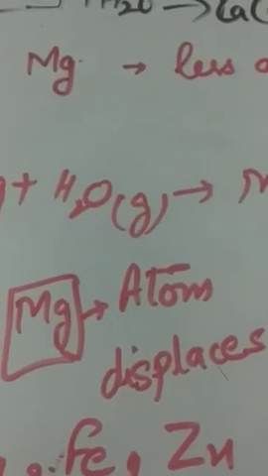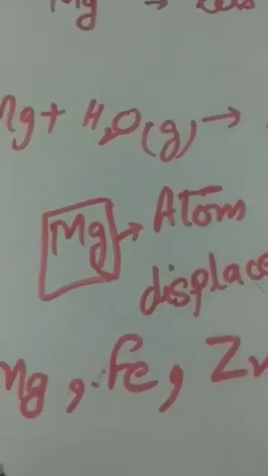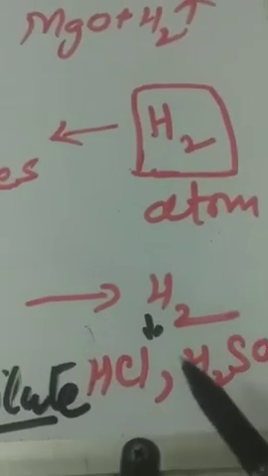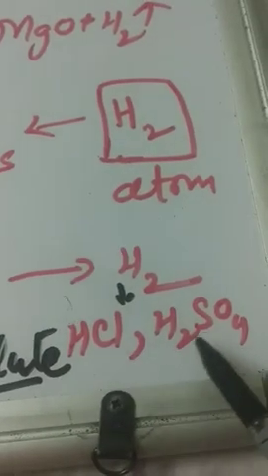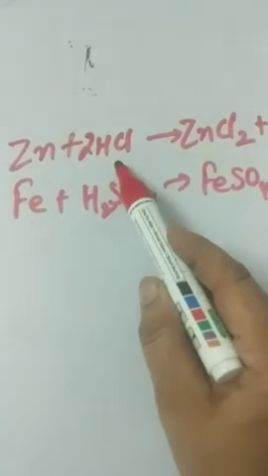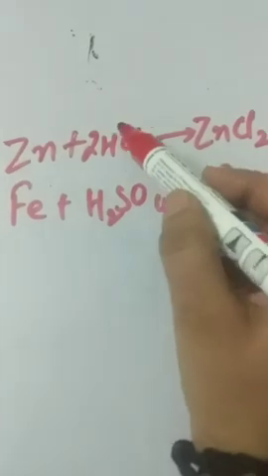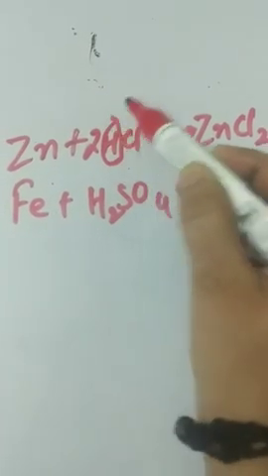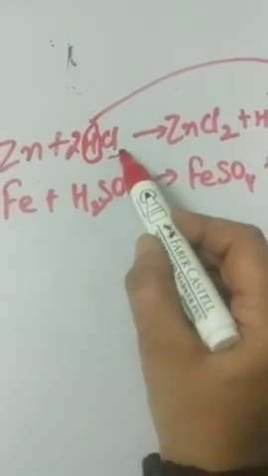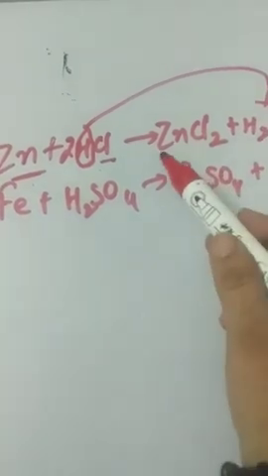And less active metals like magnesium, iron and zinc displace hydrogen from dilute hydrochloric acid and sulfuric acid. Now see, when zinc reacts with dilute hydrochloric acid, it displaces hydrogen from it in the form of hydrogen gas, and the other atom combines with zinc to form zinc chloride.